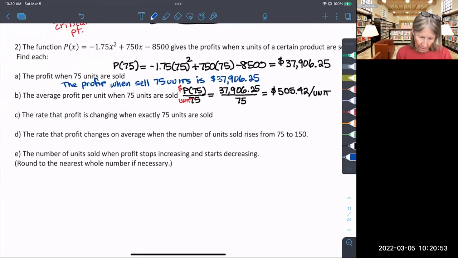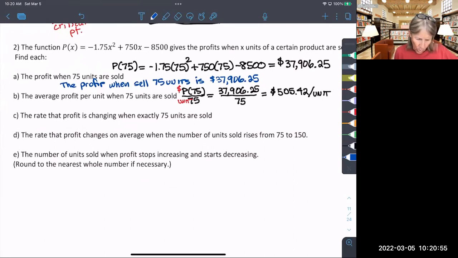Okay. All right. Well, let's see. What's our next question? Part C says, what's the rate that the profit is changing when exactly 75 units are sold? Okay. Now, when you see the word rate, I'm hoping you're thinking derivative, because that's what the derivative gives you. It's the rate of change. So, all right, what this is really asking you here, what's the rate the profit's changing?